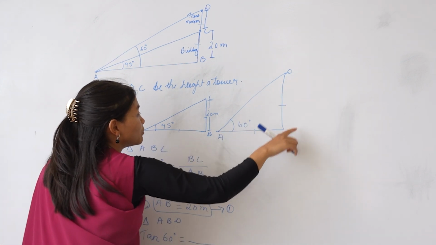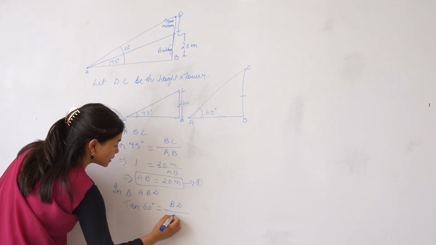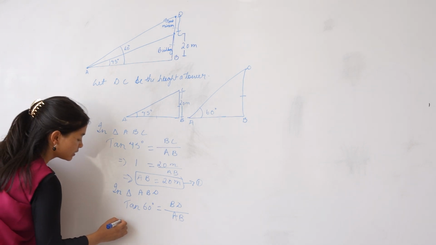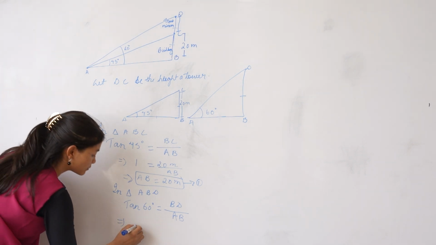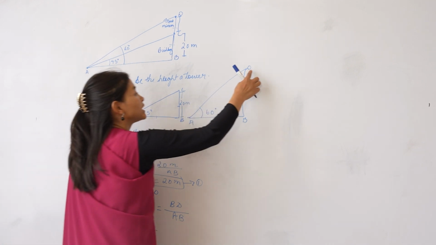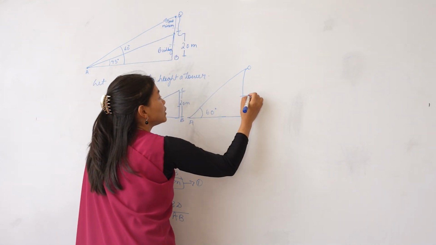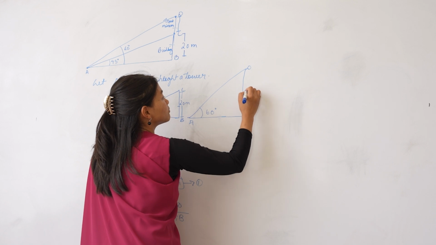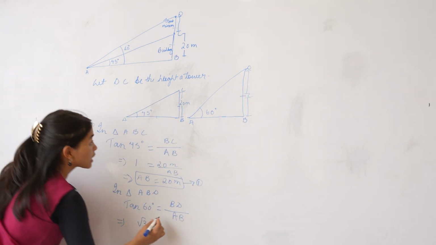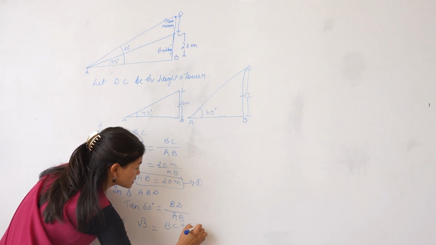The height here is BD, and the base is AB. Perpendicular by base, so tan 60 is root 3. BD in the diagram is the height of the building as well as the height of the transmission tower. We can split BD as BC plus CD.